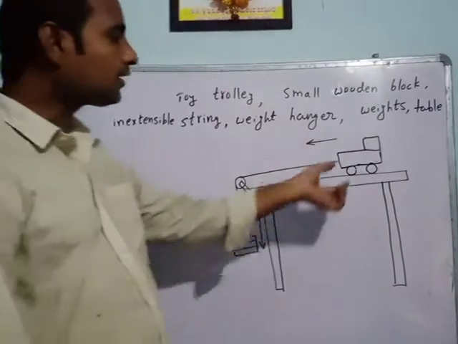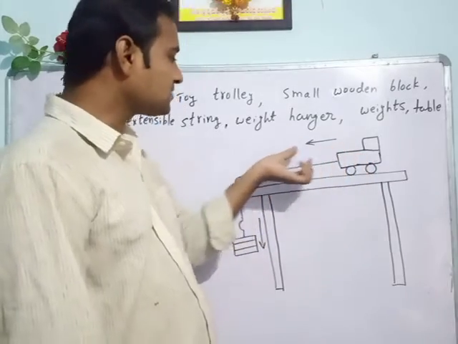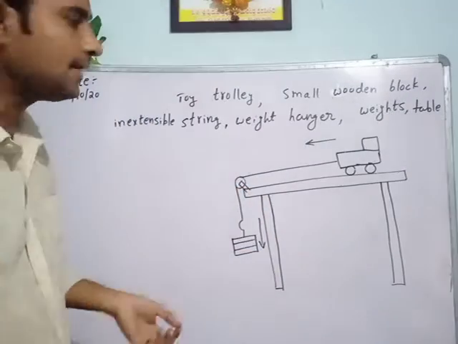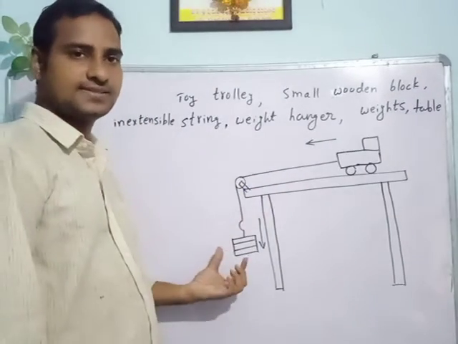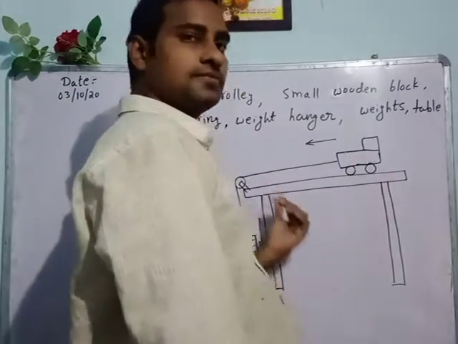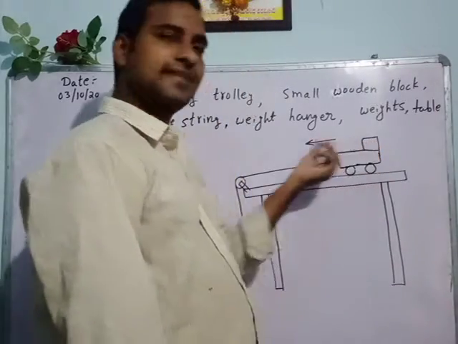Now the toy trolley moves in the direction of the left. So here one force is applied by using weights. Clear? So the toy trolley moves to the left side, and the block also moves to the left side.